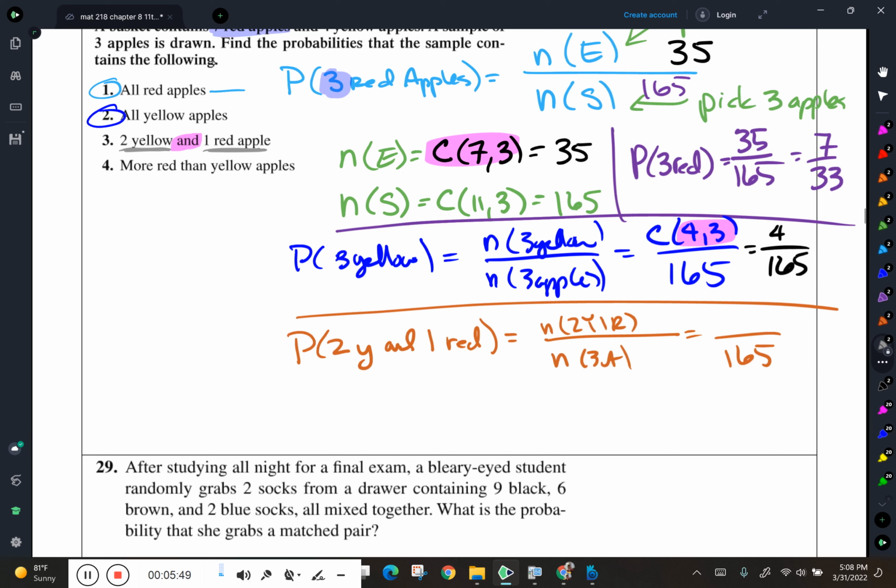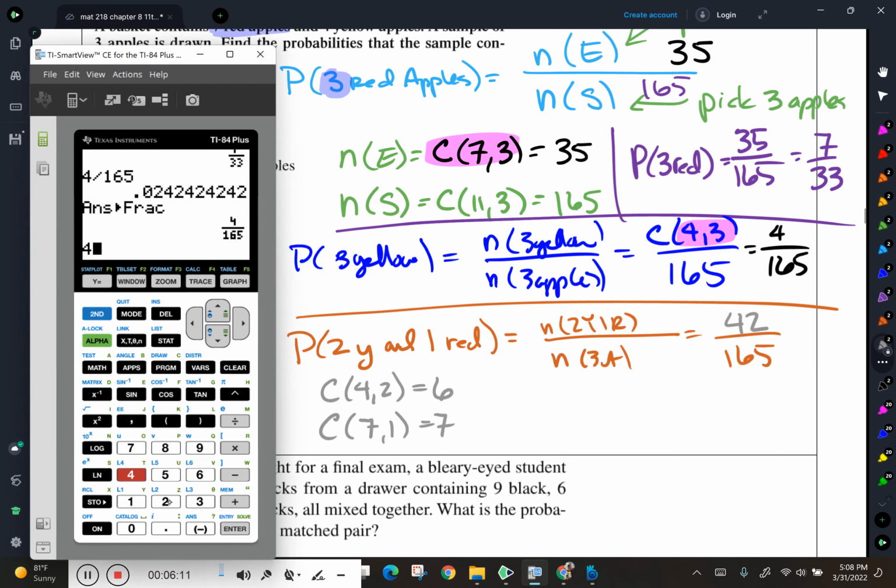So how many ways are there to pick 2 yellow? That's going to be 4 choose 2, which happens to be 6. And red is going to be 7 choose 1, which happens to be 7. So 4 choose 2 times 7 choose 1 is going to be 7 times 6, or 42. And so I got 42 out of 165. So 42 divided by 165 is 14/55.